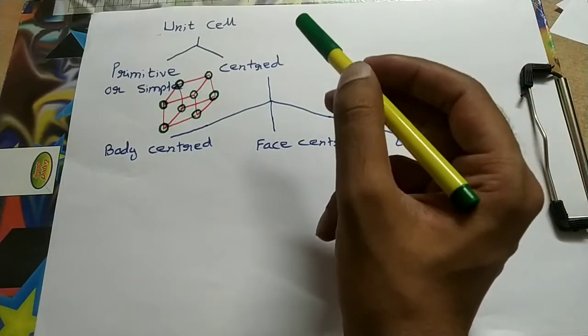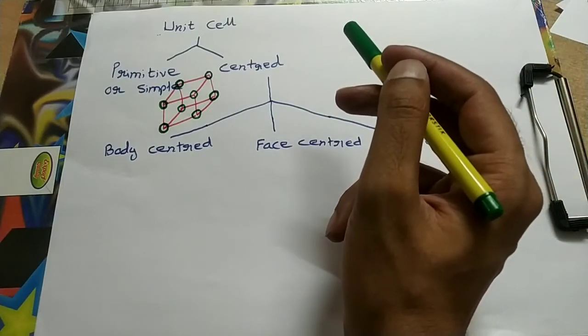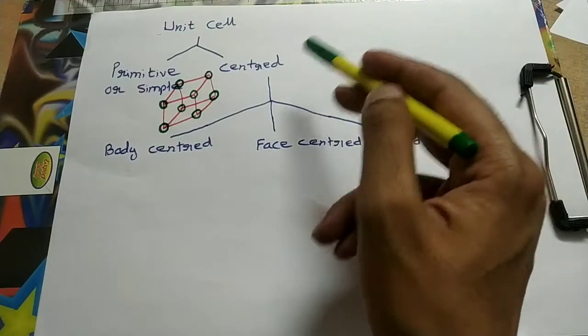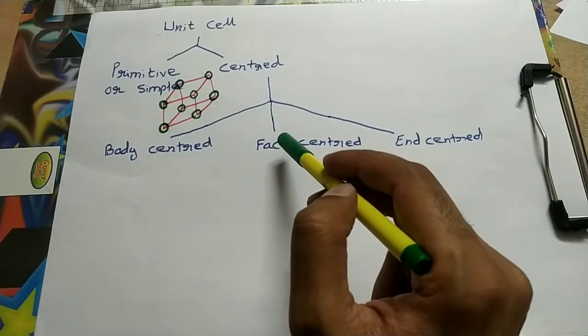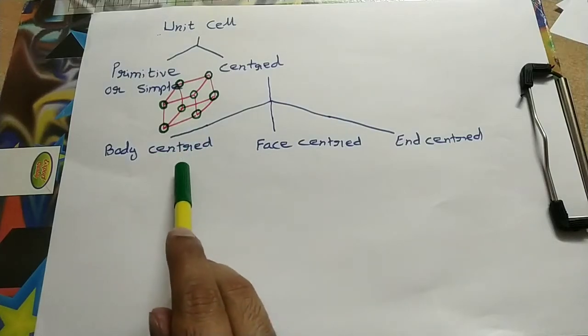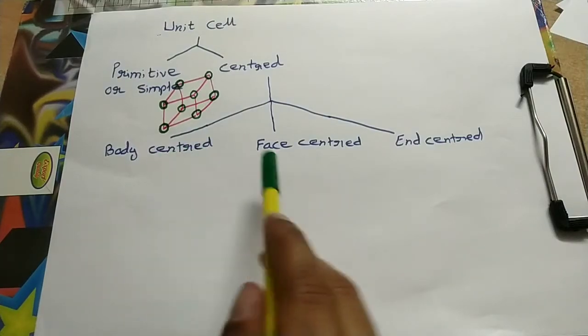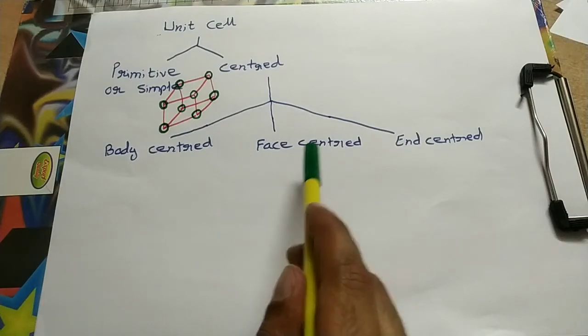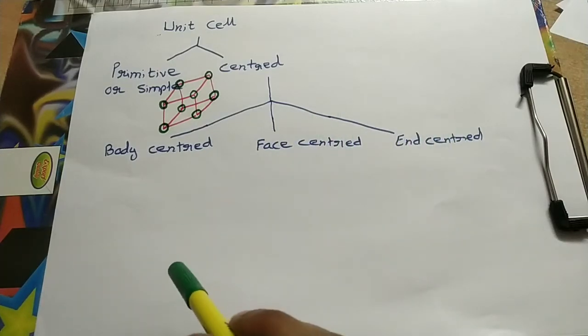On the basis of the particles present at other spaces, the centered unit cell is further divided into three categories: body-centered cubic, face-centered cubic, and end-centered.